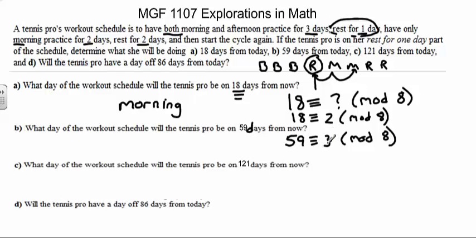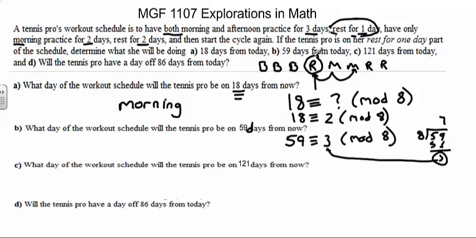And if you wanted to divide it out by hand, you could. You could divide 8 into 59. It goes in 7 times. 7 times 8 is 56, and the remainder is 3. So that's 3 days from today is the same as 59 days from today.